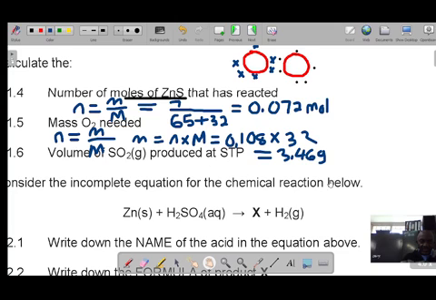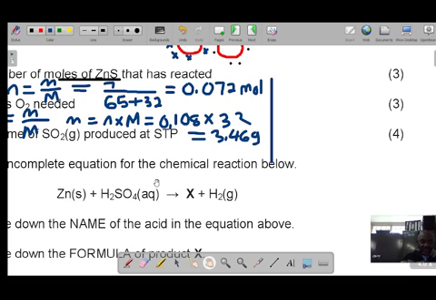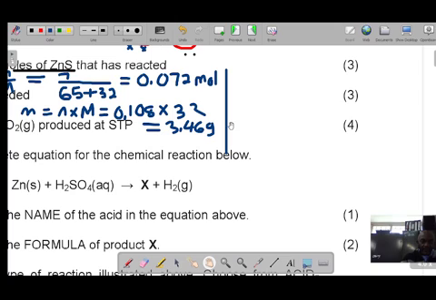Now I know that the number of moles of zinc sulfide is the same as that of sulfur dioxide in it. So I have to do the calculations here. What does the formula say?